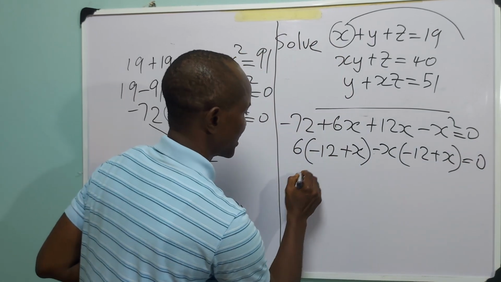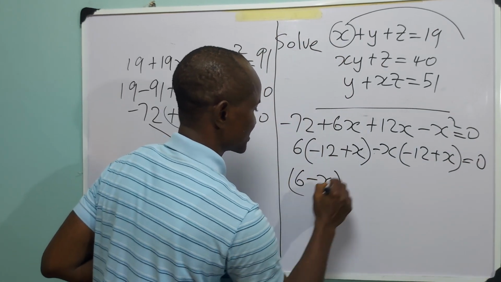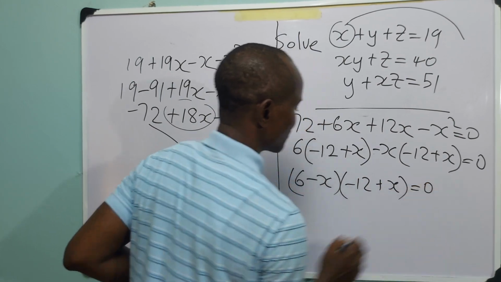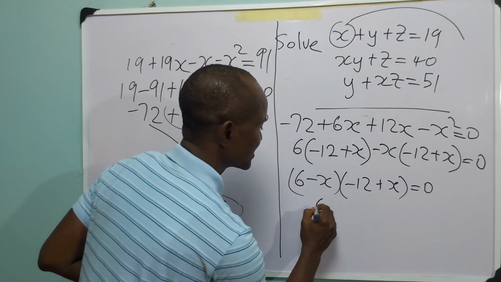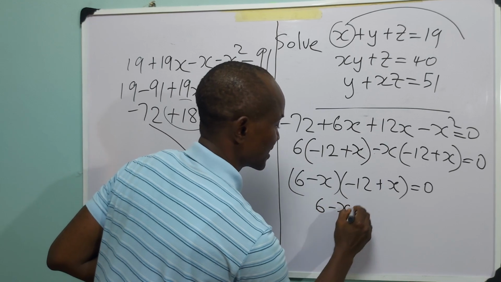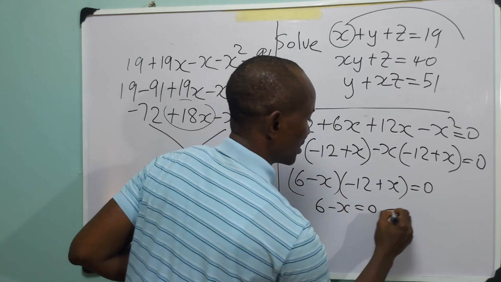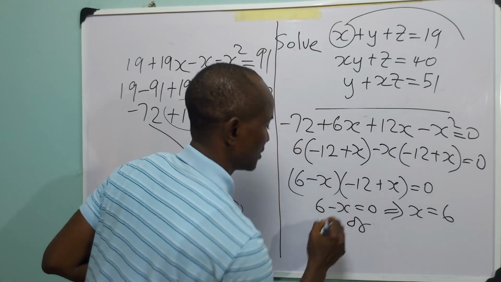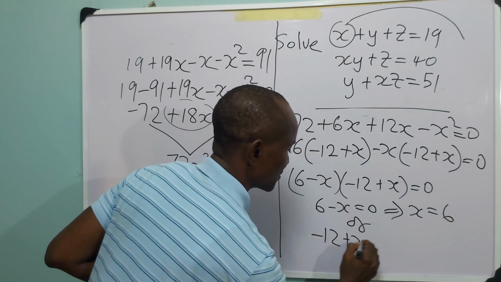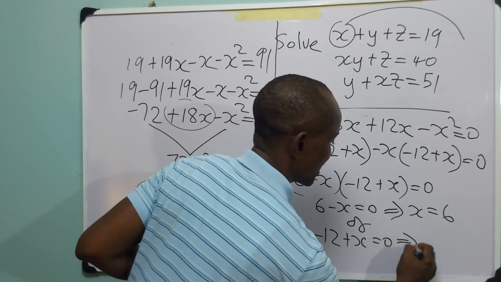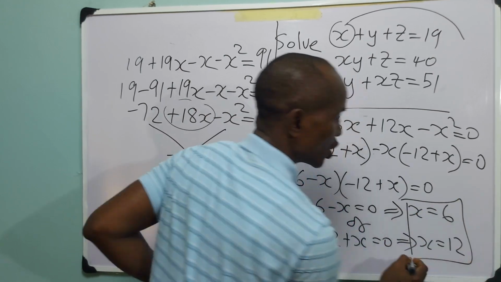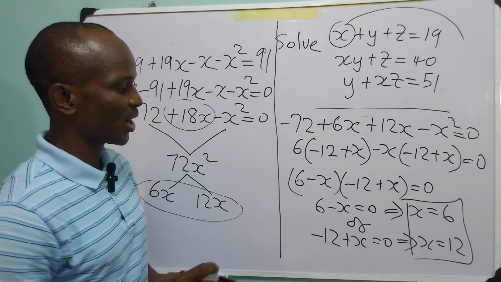So collecting terms together, we have 6 minus x multiplied by minus 12 plus x is equal to 0. From where 6 minus x is equal to 0 and x is equal to 6, or minus 12 plus x is equal to 0 and x is equal to 12. So we have two values for x.